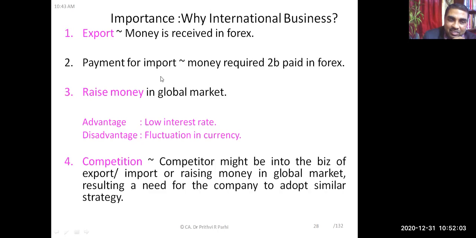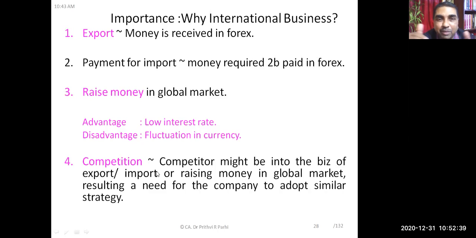Right? So the other reason for the importance of international business is competition. For example, let us say you as a businessman may not be interested to venture into international business. You may not be willing to do any export. You are satisfied with the domestic sales. But what happens? Your competitor has entered into the international market. He has started exporting. So naturally, if he has started exporting, he may earn more profit and he will grow at a faster rate.